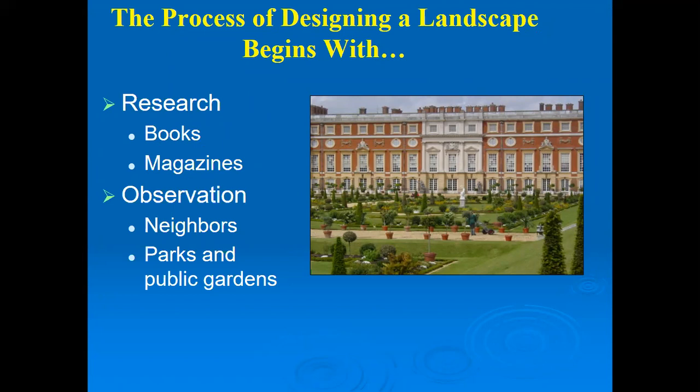Observation, neighbors: how are your neighbors' gardens designed? Parks and public gardens, botanical gardens. We've got the Atlanta Botanical Garden, we've got Vines Garden Park, a variety of places around here you can take a look. Many different beautiful designs, and a lot of it just comes down to what you want, or what whoever you're doing the design for wants.